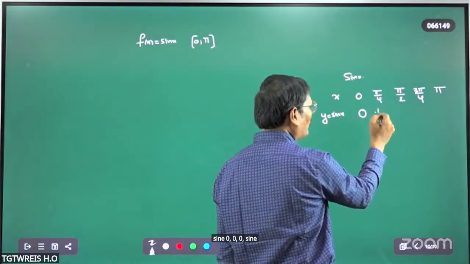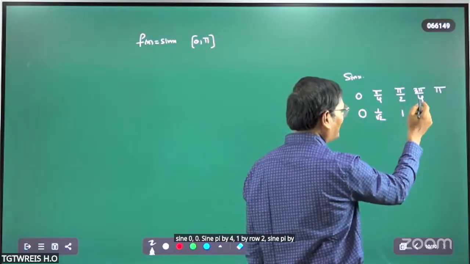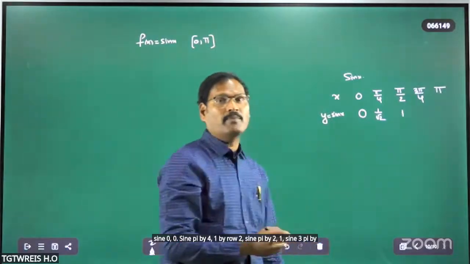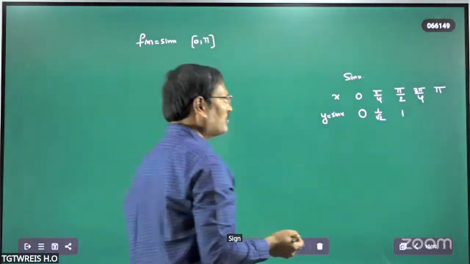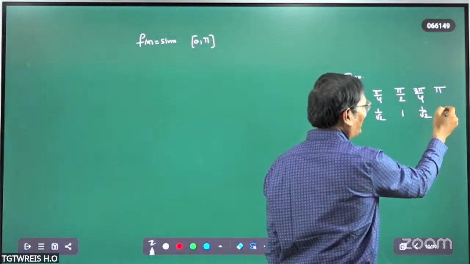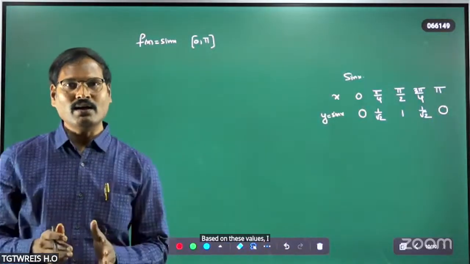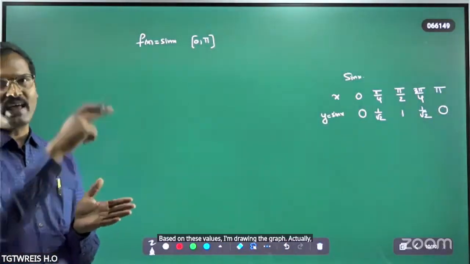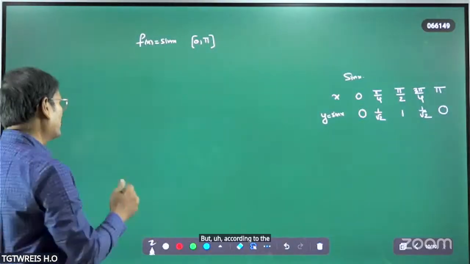Sin pi by 4 is 1 by root 2. Sin pi by 2 is 1. Sin 3 pi by 4 is sin of pi minus pi by 4; sin of 180 minus theta is sin theta, so we can write 1 by root 2. Sin pi is 0. Based on these values, I am drawing the graph. Actually, we have the sine wave graph, but according to the values, I am drawing it.